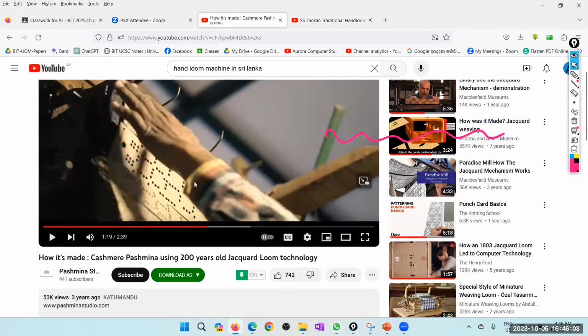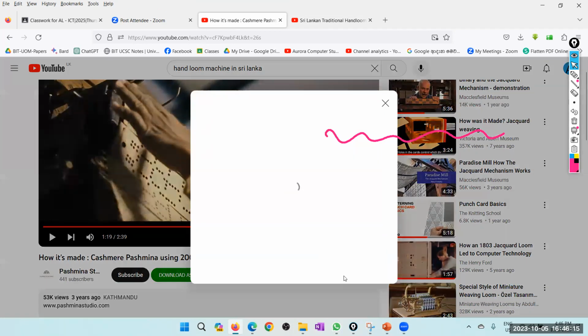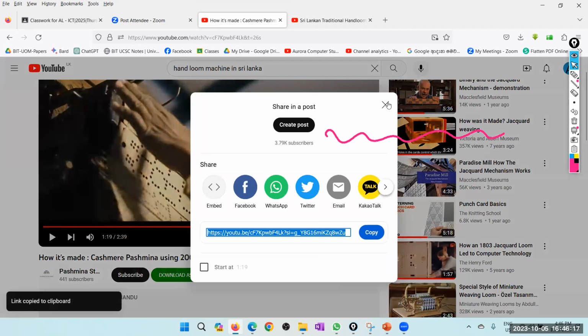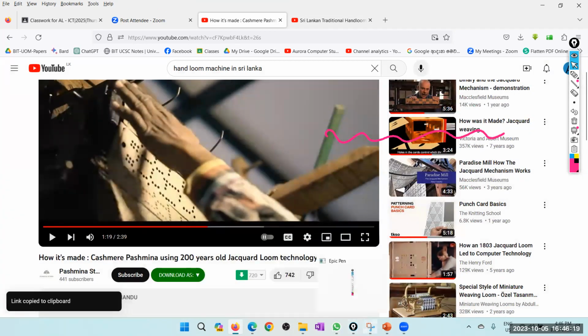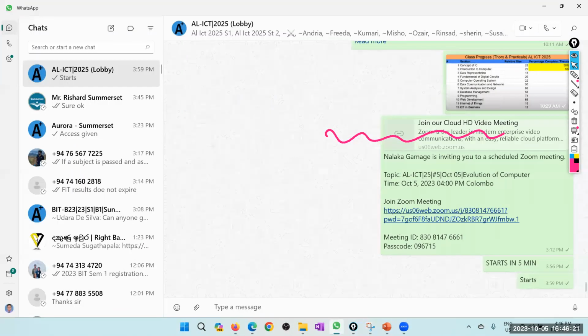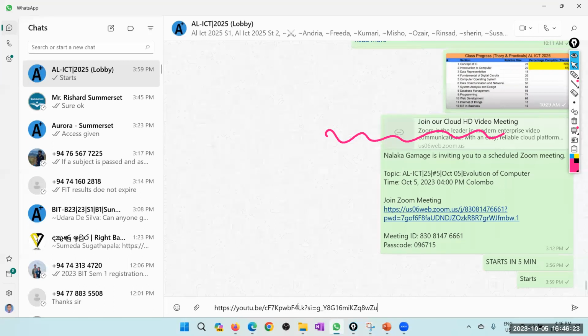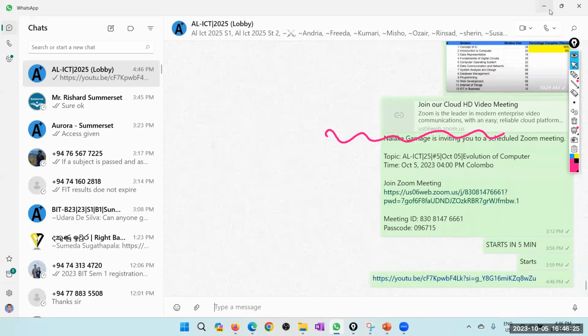I will share this in the WhatsApp group also for the time being, because you can just have a look at these things, because otherwise you don't get a feeling about the importance of these inventions, right? So now what Jacquard did was he took that pattern into a punch card.